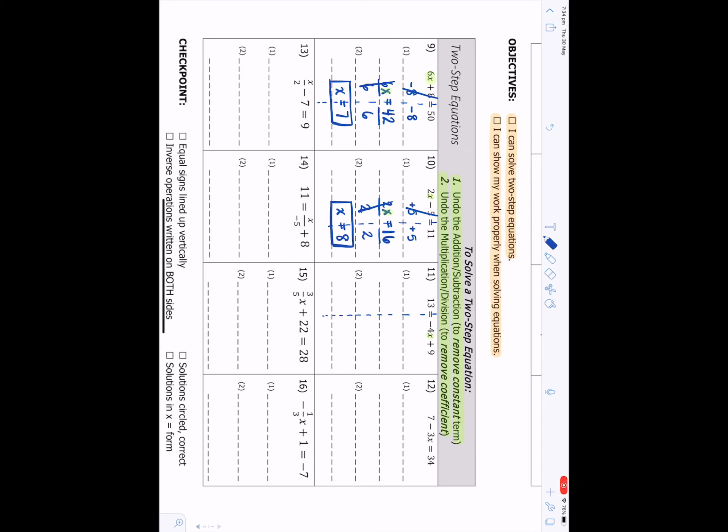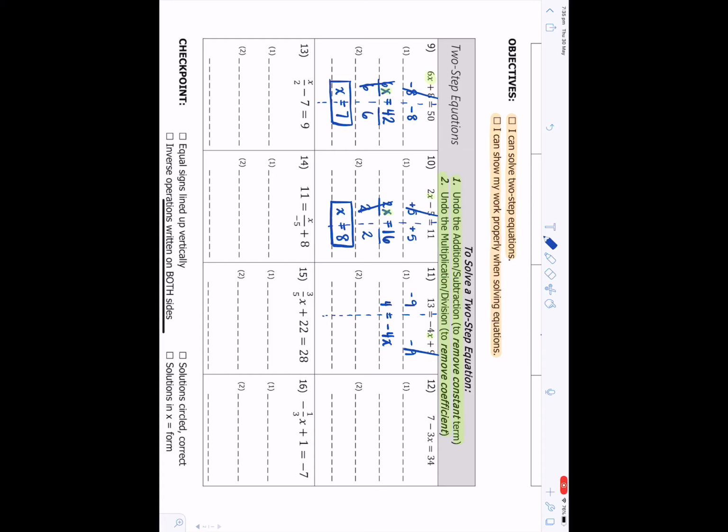That means I need to undo the 9 first. Since 9's being added, I'll do the inverse operation, which is to subtract 9. So I'll make sure I put -9 right under the 9 and -9 on the other side of the equation as well. The 9's on the right cancel, and that leaves me with 4 equals -4x.